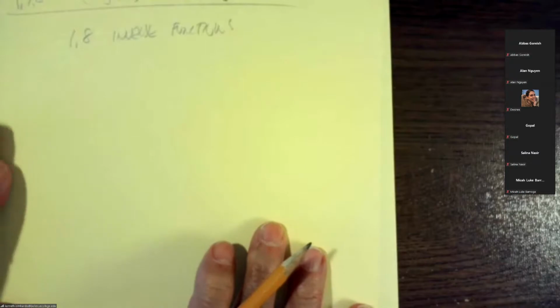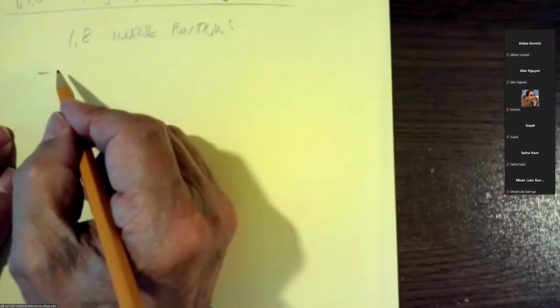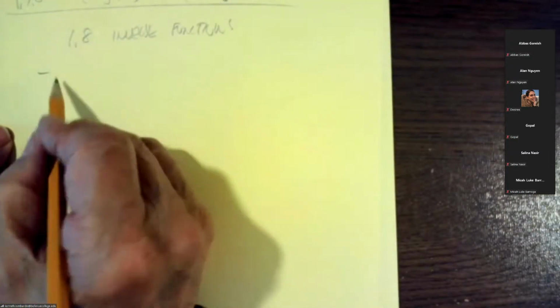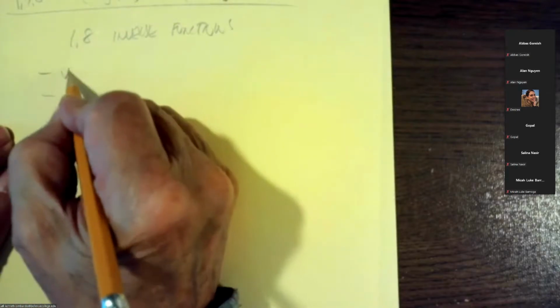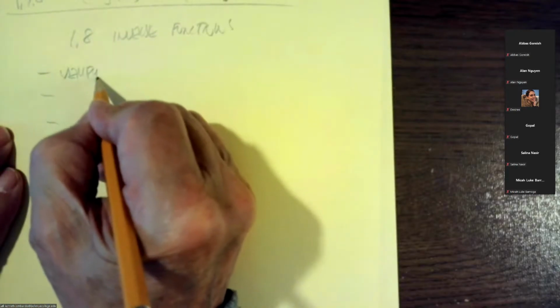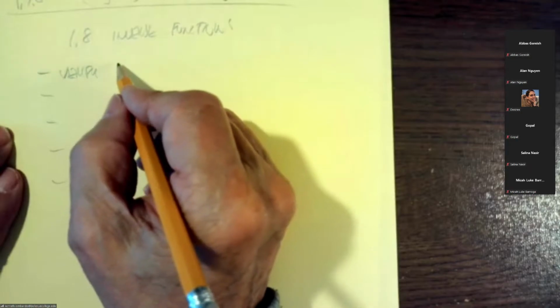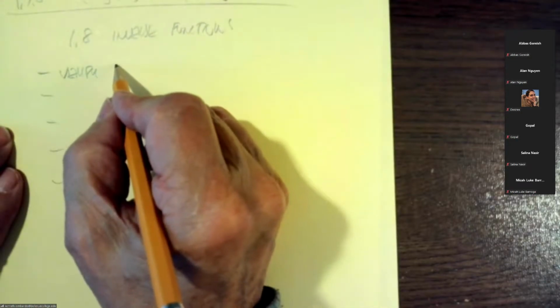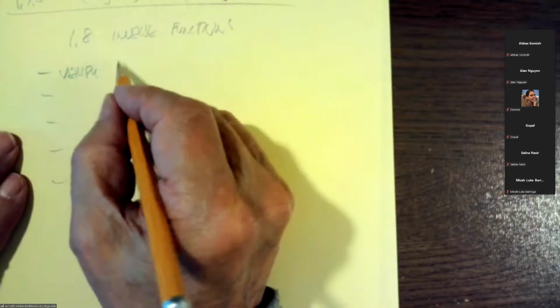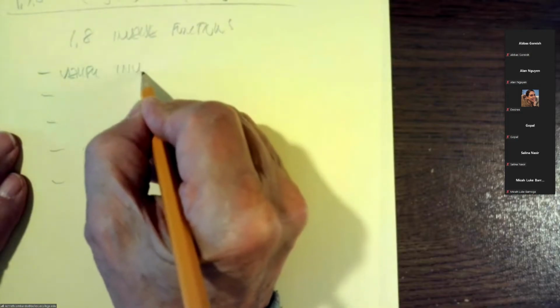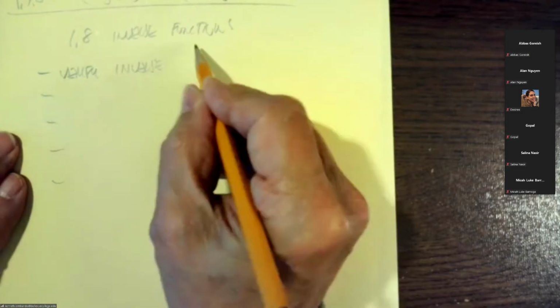So if we're looking at inverse functions, there's several things we may want to do. We may want to verify whether the function has an inverse or not. And we'll look for tests to do that.